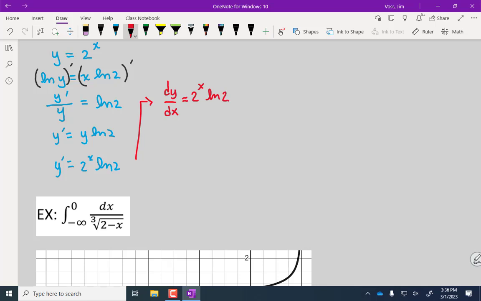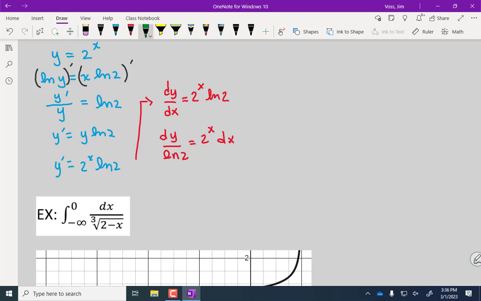Okay, so if we wanted to integrate, say, the 2 to the x piece, here's what we're going to do. We're going to just get the 2 to the x piece all by itself over here with the dx. This is what we're going to do on Monday. This is called separation of variables. We put the y's on the left, the x's on the right.